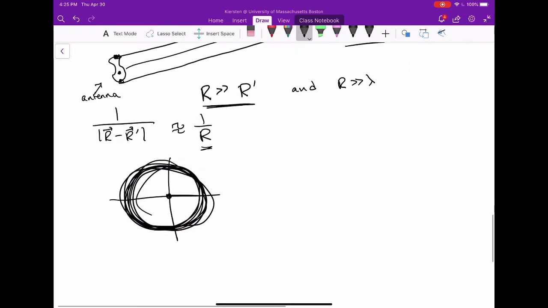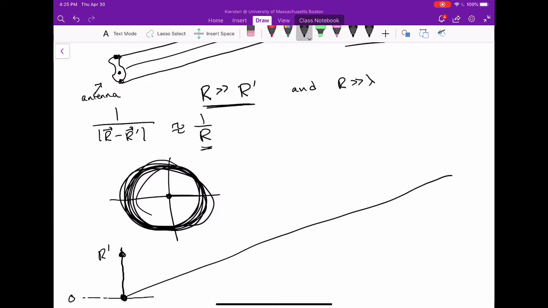And because of that, if we have a point that's over here and a point that's over here, like let's say that the bottom point here is at 0 and this other point is at R prime, and they're both looking at some observation point R that is off the screen far away.